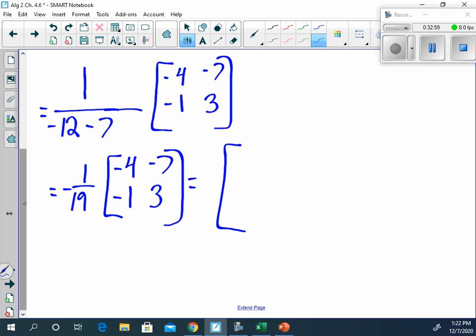Which brings us to the last step, which is multiplying through the entire matrix by -1/19.